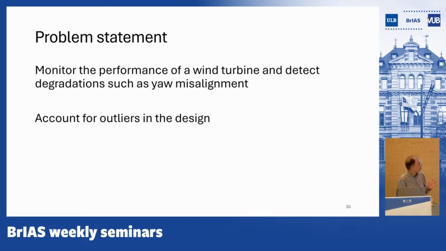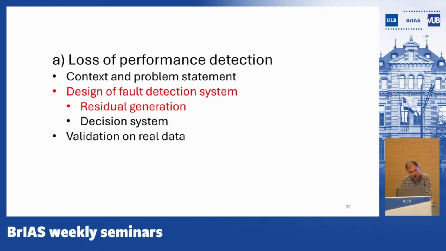So what is the problem we aim to solve? We want to monitor the performance of the wind turbine and detect degradations such as yaw misalignment, for instance. And we need to account for the outliers in the design. So we will operate in the following 2 steps.